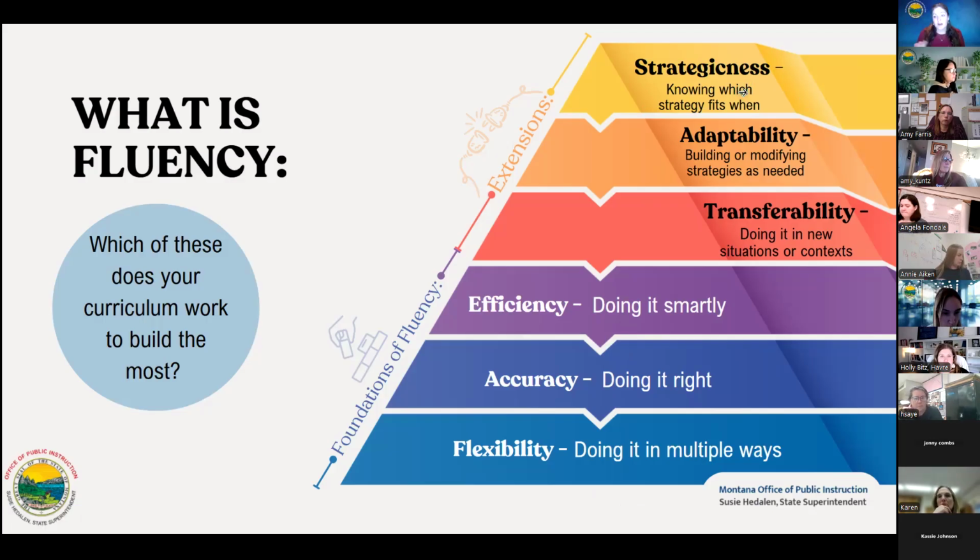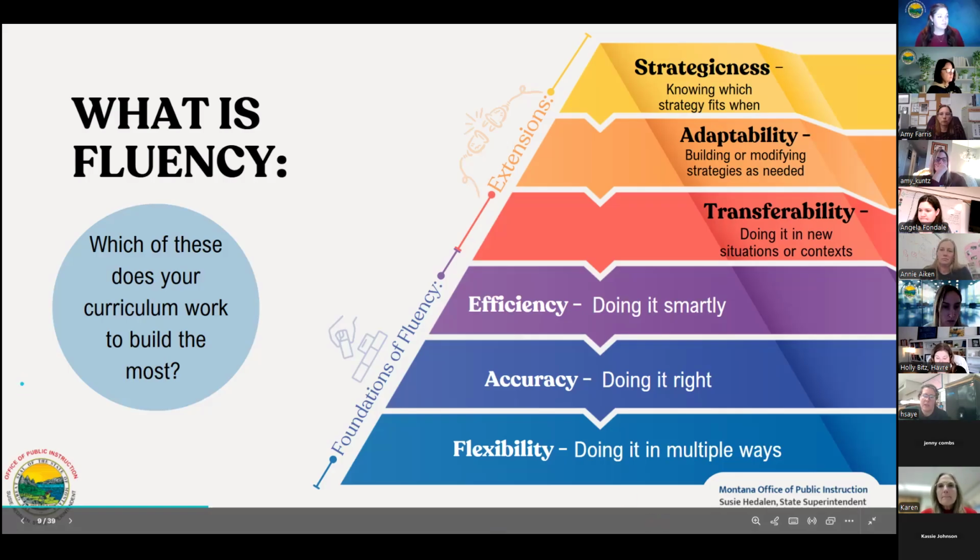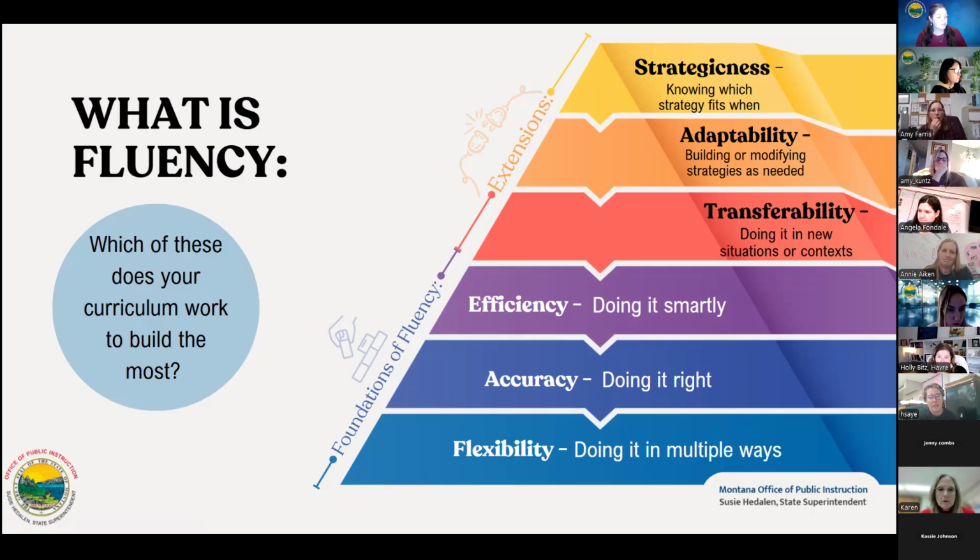I'm wondering which of these skills you feel are actually utilized in your curriculum, whether your textbook is your curriculum or whether it's things you've added in, but which of these skills do you feel your curriculum helps you actually build with your students? Of any of them, Stephanie? Any of the six?